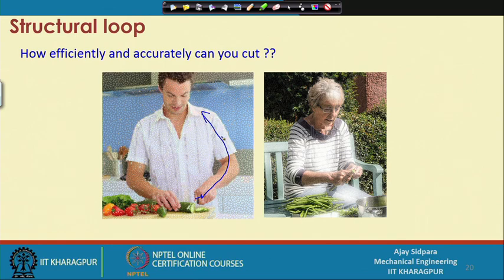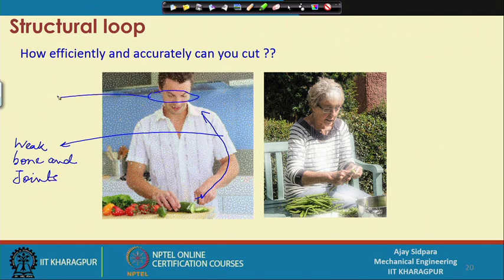structure also. It becomes a little weak, the bones and joints. Vision is also a problem.